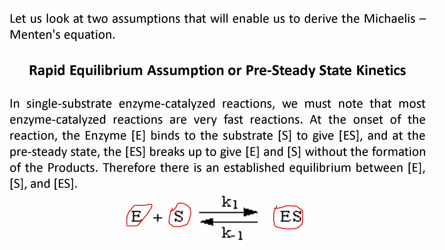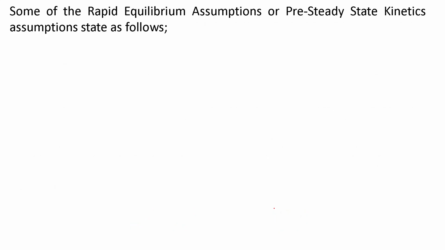So the rate of formation of ES, we have the kinetic constant as K1, and the rate for the breakdown of ES, we have the kinetic constant as K minus 1. You can call it anything, but just know what it stands for.